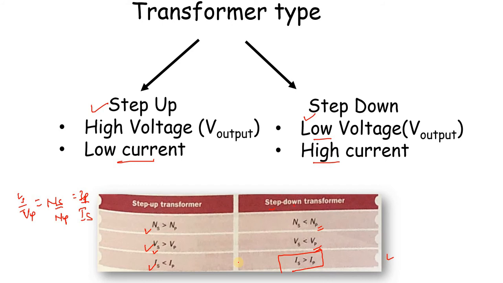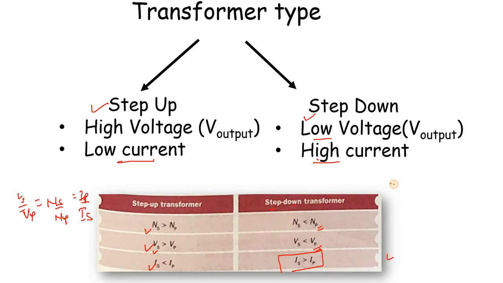Why is it important to understand this part? We are going to discuss that when we discuss power loss. Okay, so to make sure that it is highly efficient, the power supplied to the primary should be equal to the power supplied to the secondary.